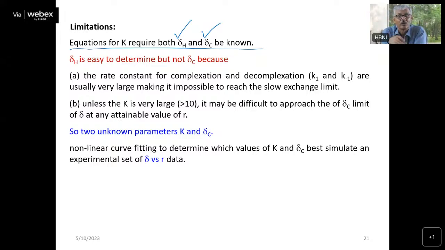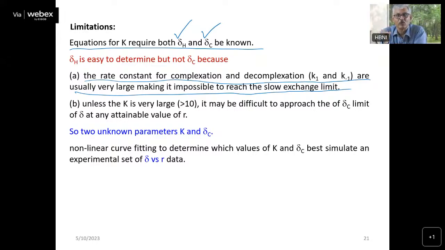As I told you, the first thing is the rate constant. The rate constants for complexation and decomplexation are usually very large, which makes it difficult to reach the slow exchange limit. These kinds of complexations are very fast.